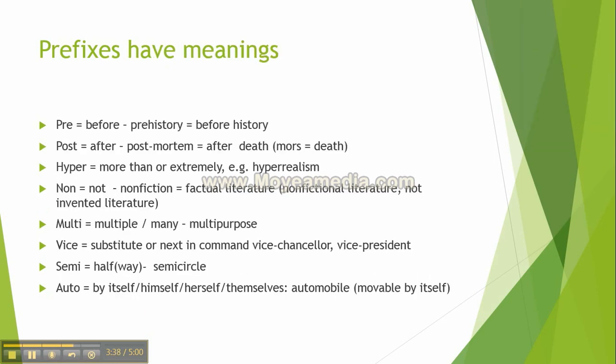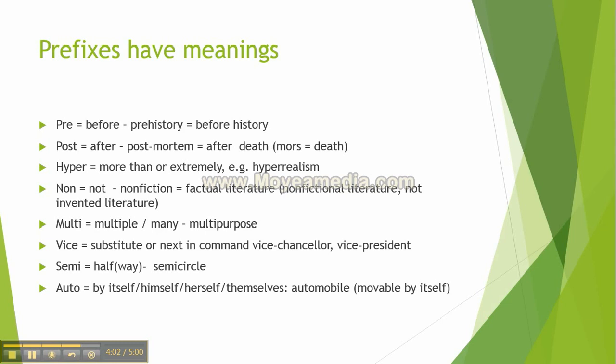So prefixes have meanings. Pre is before, and if you add that, it gets the meaning before. So take prehistory. Okay, that would be something that's before history. Post means after, and in post-mortem, mors is death, right?